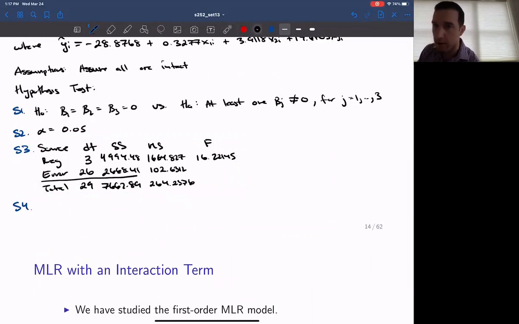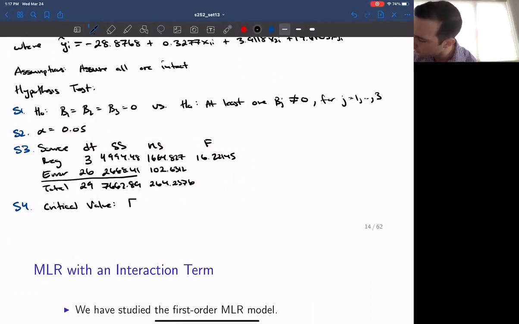So then on step 4, if we take the critical value approach, I'm not going to sketch the curve this time because I'm running out of room, but this is just an F test, so everyone should be comfortable with this at this point. So we have an F value F 0.05, 3, 26.